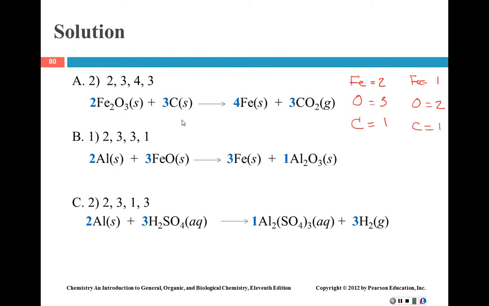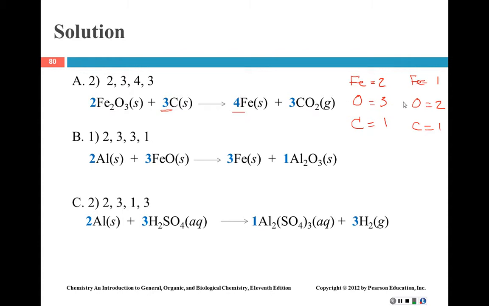Okay, so usually you can start with the Fe if you want. Doesn't really matter. If I have something by itself, I usually leave it till last, because I can always multiply that by whatever number I need to. So in the carbon dioxide, I have a 2 over here and a 3 over there.